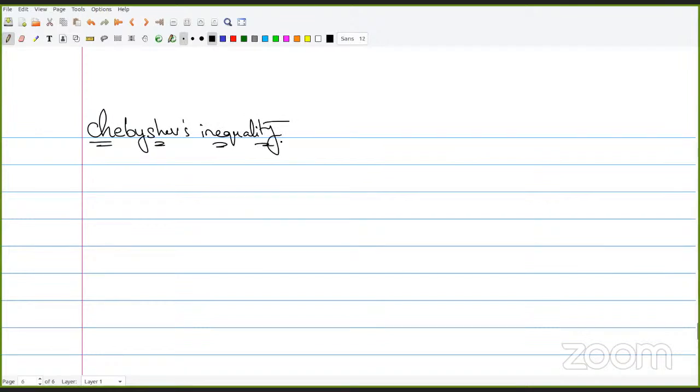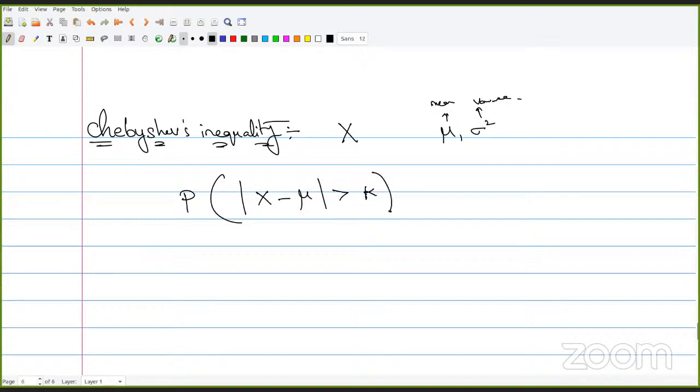Chebyshev's inequality: if I have some random variable X with mean mu and variance sigma square, then the probability that mod X minus mu is greater than some k is less than or equal to the variance of X, which I will write as X minus expected value of X, divided by k square.